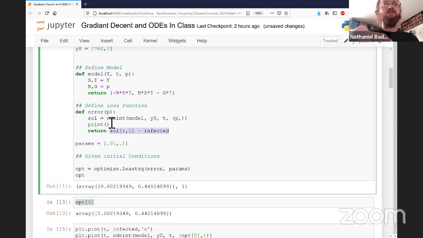And let's print the parameters. That's a good thing to see. So let's just actually watch what happens to the parameters. We're starting out at 0.01, 0.1. Let's just watch what happens to the parameters as we fit here.